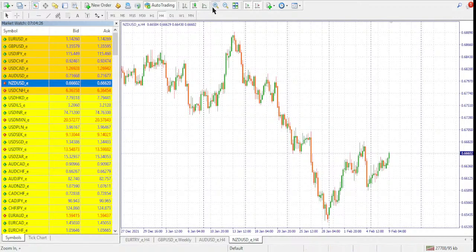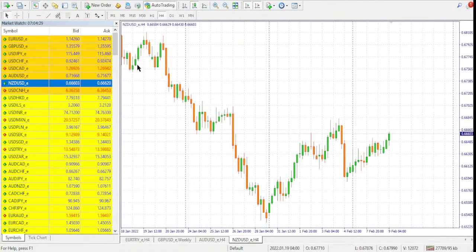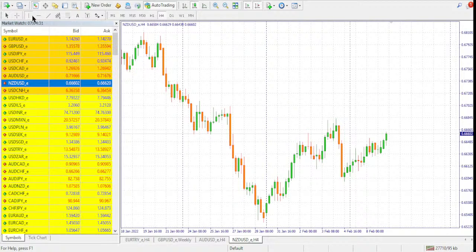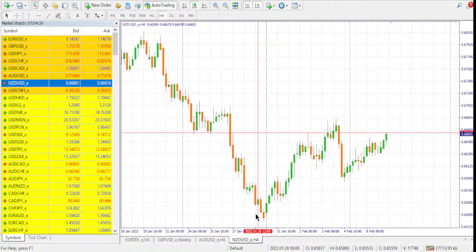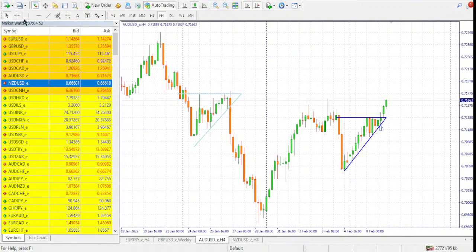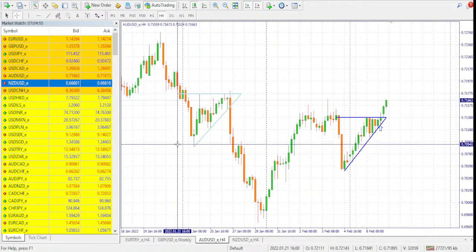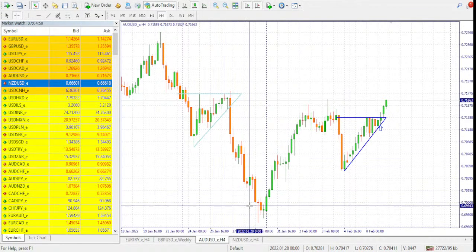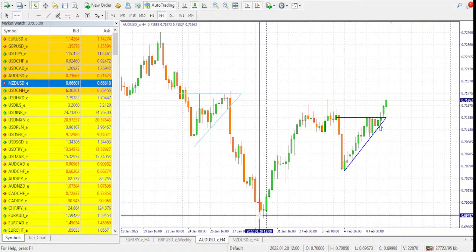Like when we had this one, look at this pin bar here. There was this downtrend, and then it had a pin bar here. This was a place to buy from. Then we check the next symbol around the same time. This was on the 28th of January, so we also check the 28th of January, and it should be somewhere here.